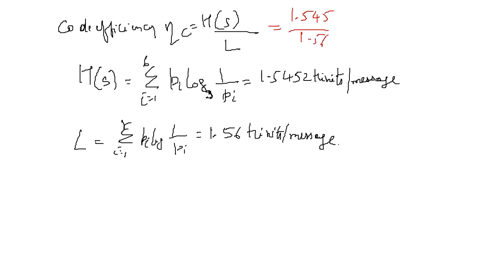So you are going to get the efficiency as 99.05%. Similarly, redundancy R eta C is 1 minus your efficiency eta C, which will be around 0.95% will be the redundancy of this particular code.